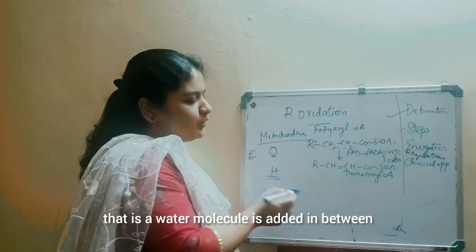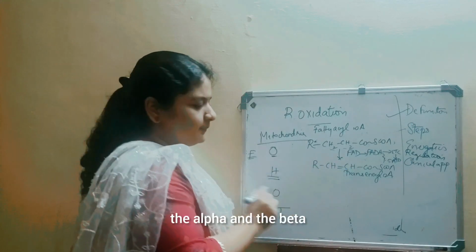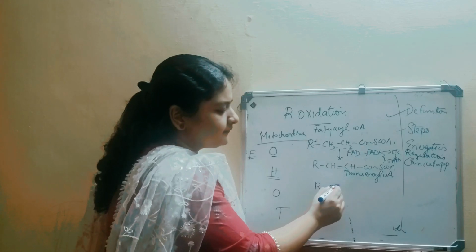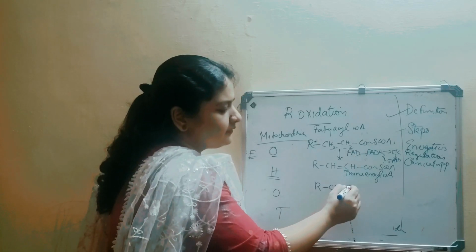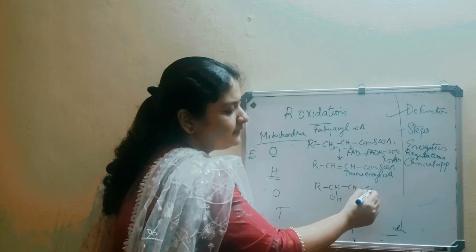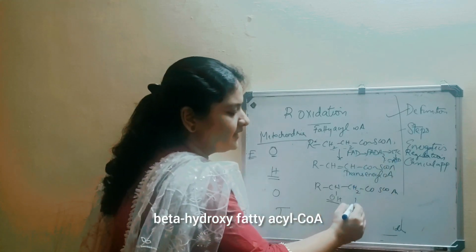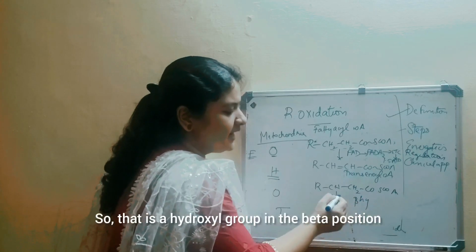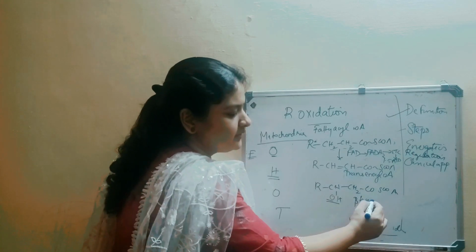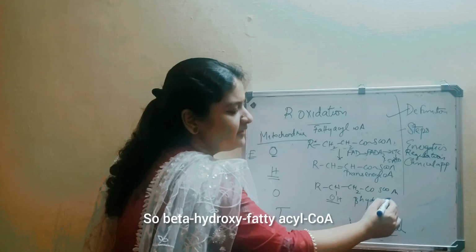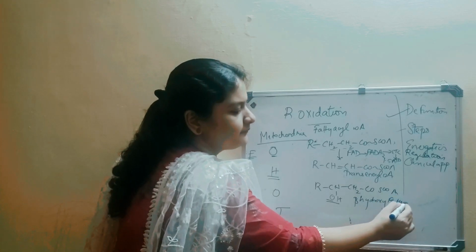That is, a water molecule is added between the alpha and the beta, and we get beta hydroxy fatty acyl CoA. So that is a hydroxyl group in the beta position.